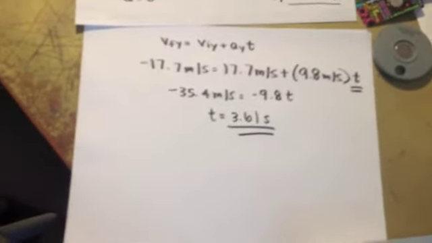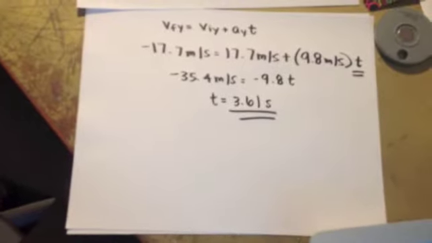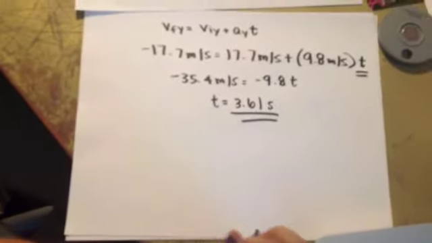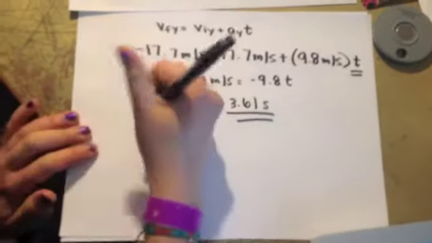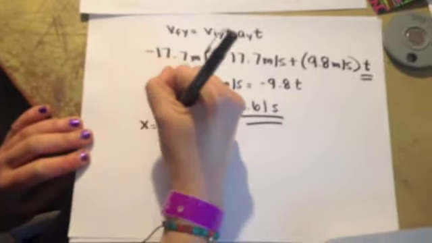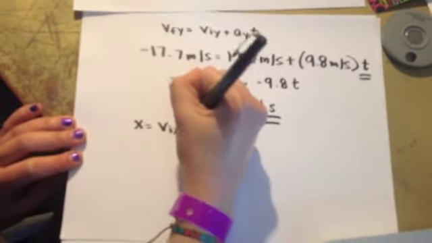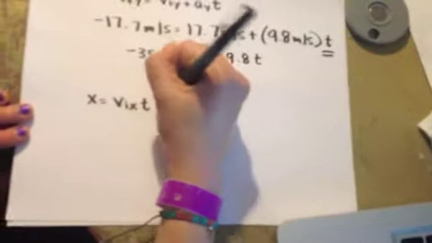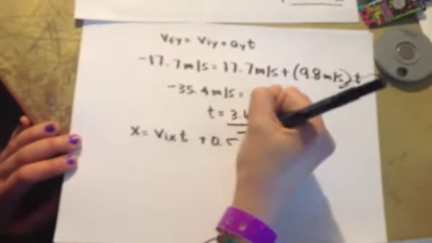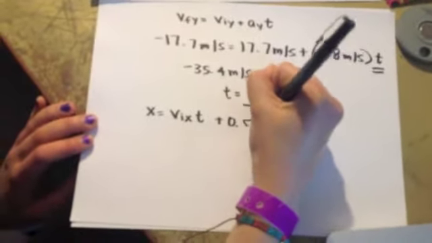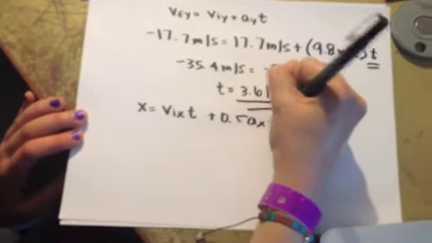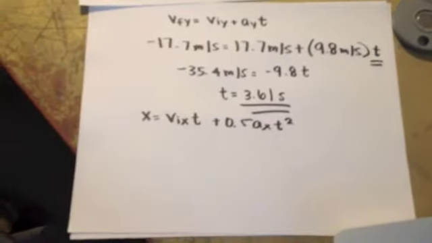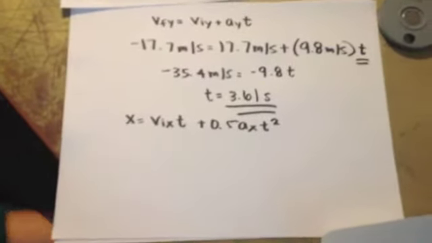With the time determined, the information in the table and the horizontal equations can be used to determine the horizontal displacement of the projectile. We use this equation this time: x equals velocity in the x direction times t, which is the time we just found, plus 0.5 times acceleration in the x direction times time squared. With the equation selected, the physics problem once more becomes transformed into an algebra problem.